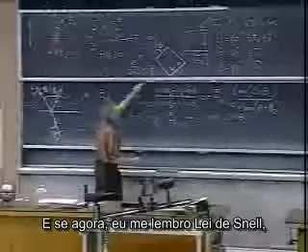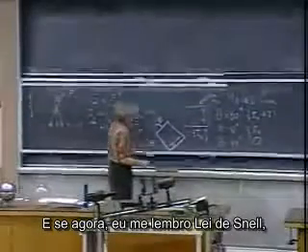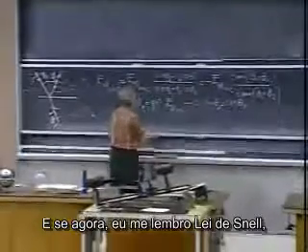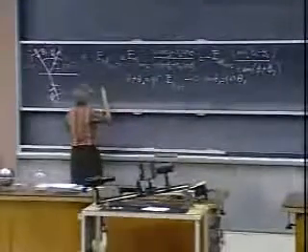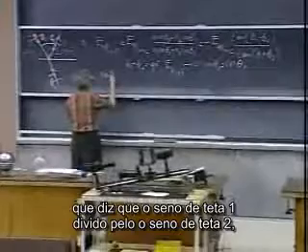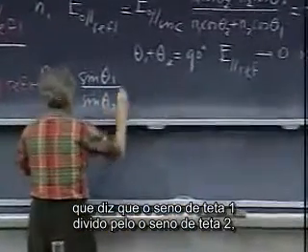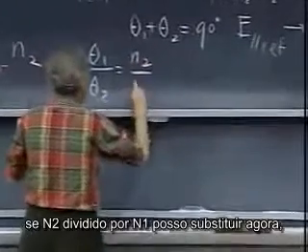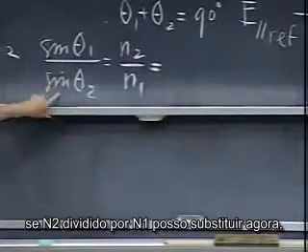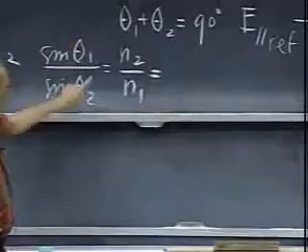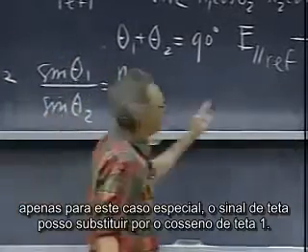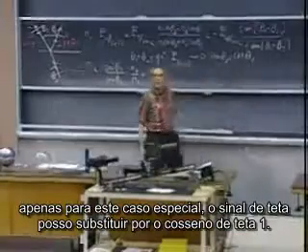And if now I remember Snell's law, which says that the sine of theta 1 divided by the sine of theta 2 is n2 divided by n1, I can replace now, only for this special case, the sine of theta 2 by the cosine of theta 1.